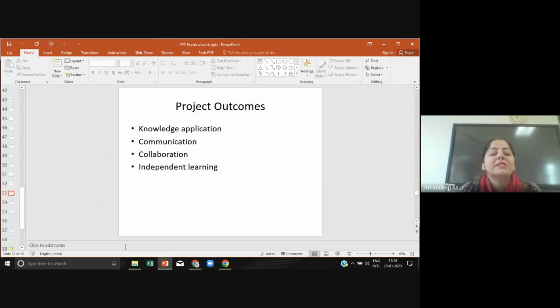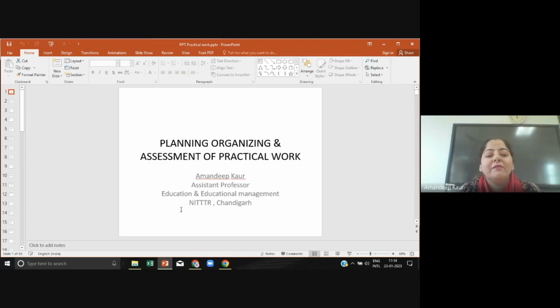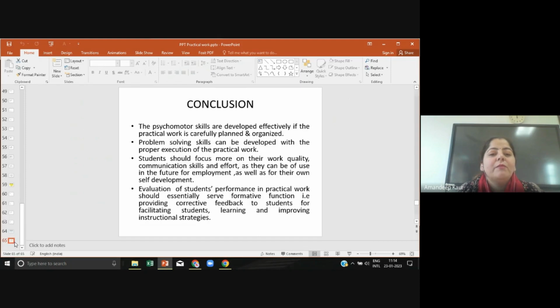Like we have discussed the planning of the laboratory environment, we need to plan for all the practical activities given in the curriculum of the syllabus. So this is all from my side.